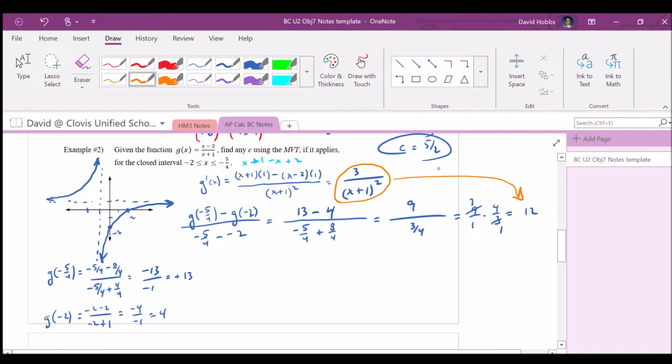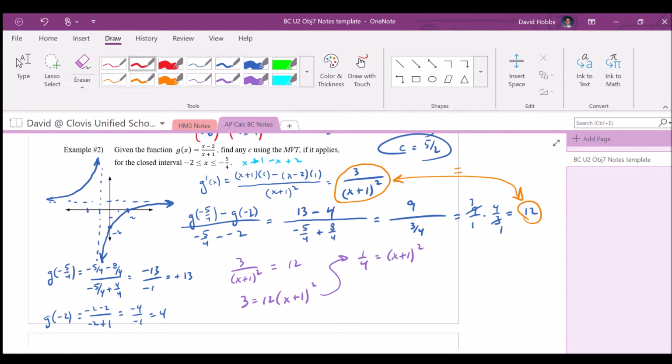Okay, so the slope of the tangent line will be equal to the slope of the secant line at least one time. Maybe no more than one time, but at least one time somewhere in that open interval. So if we set those two things equal to each other, I get 3 equals 12 times (x plus 1) quantity squared, and 3/12, 1/4, is equal to (x plus 1) quantity squared.